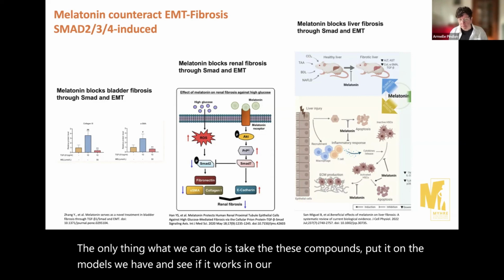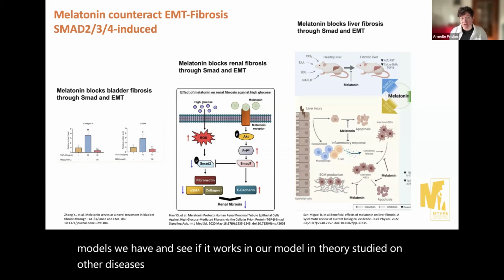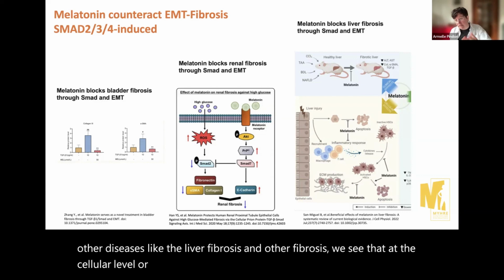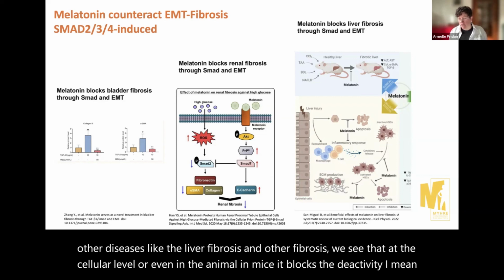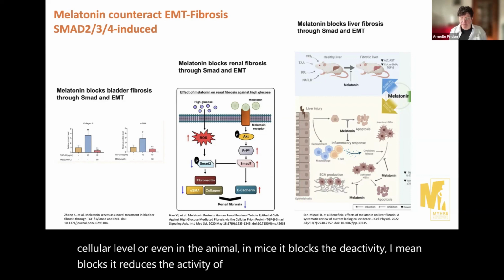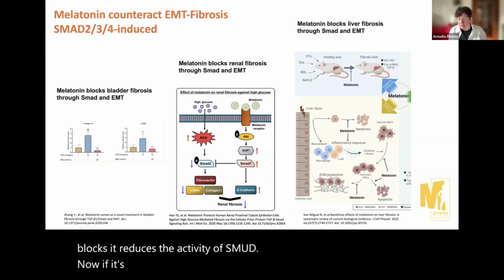In theory, studied on other diseases like liver fibrosis and other fibrosis, we see that at the cellular level, or even in mice, it blocks the activity. It reduces the activity of SMAD. Now, if it's going to work in Myhre patients, I don't know.